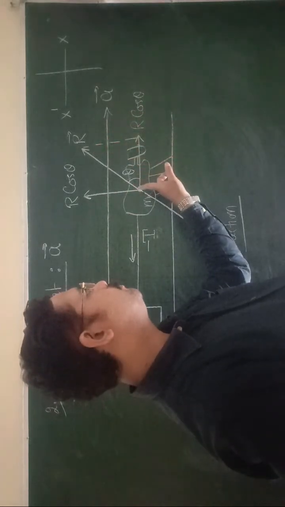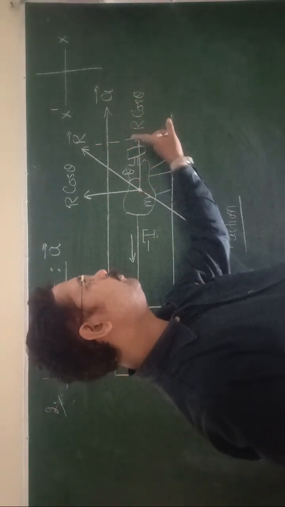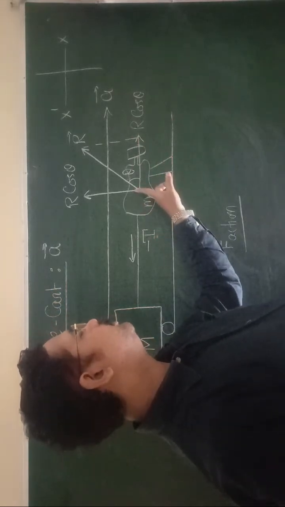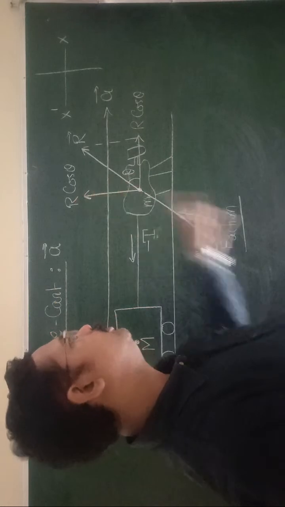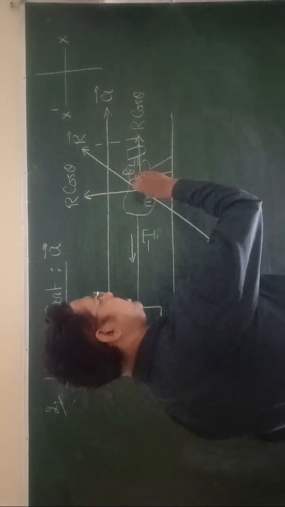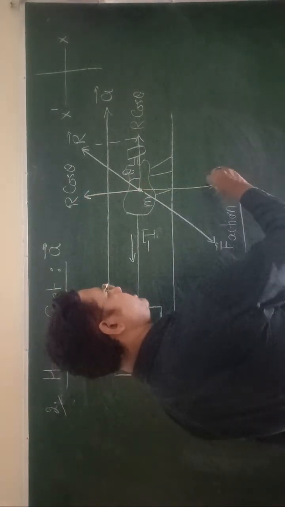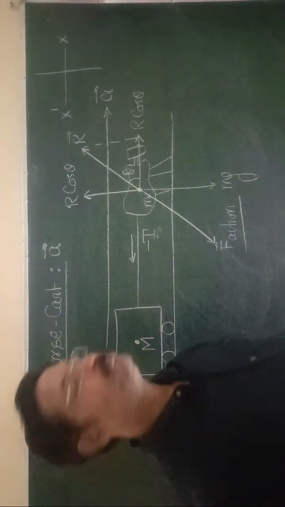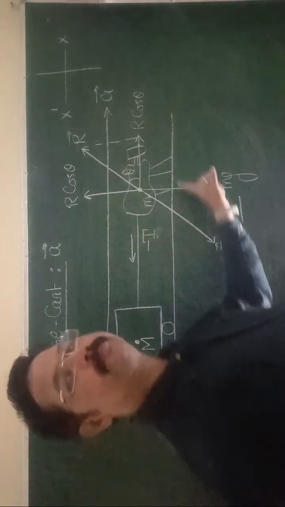In this, one force is R cos theta, other force is what? Minus T, tension. Third force is R sin theta, and in the downward direction, mg is acting, which balances the weight.